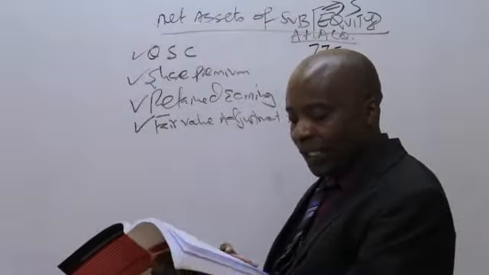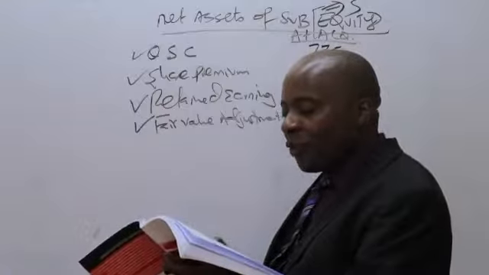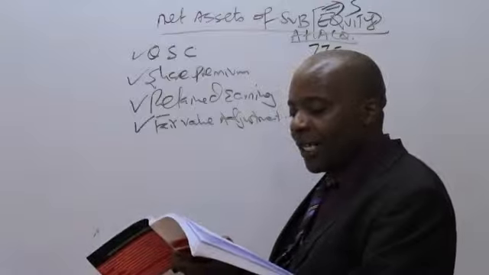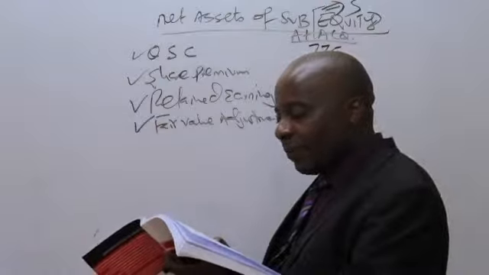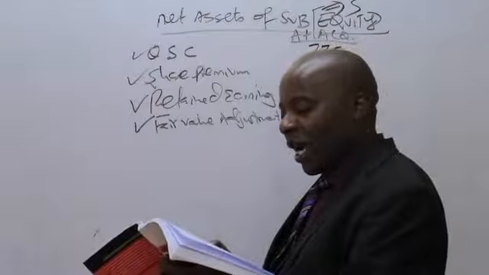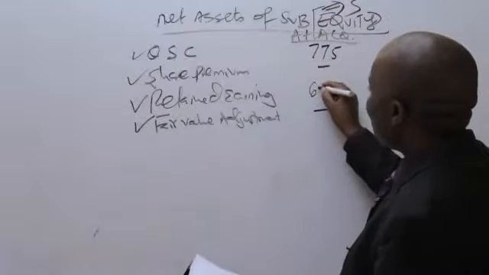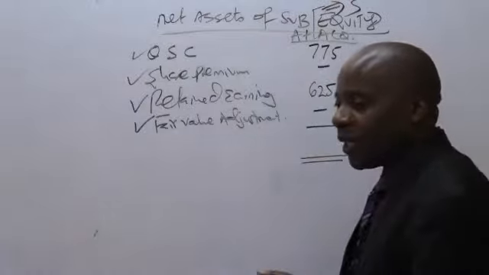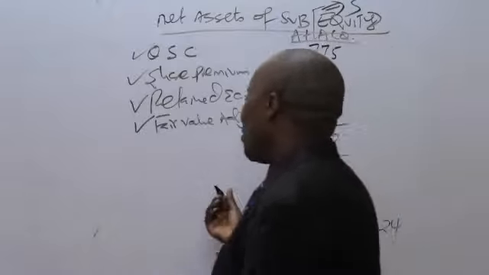They have told you in the additional information that S Limited's net assets had a fair value of shillings 1400 as at 1st April 2016, represented by equity share capital of 775 and retained earnings of 625. So 625. Let me add these two, they come to 1400. Great. So we come and write here goodwill on acquisition.